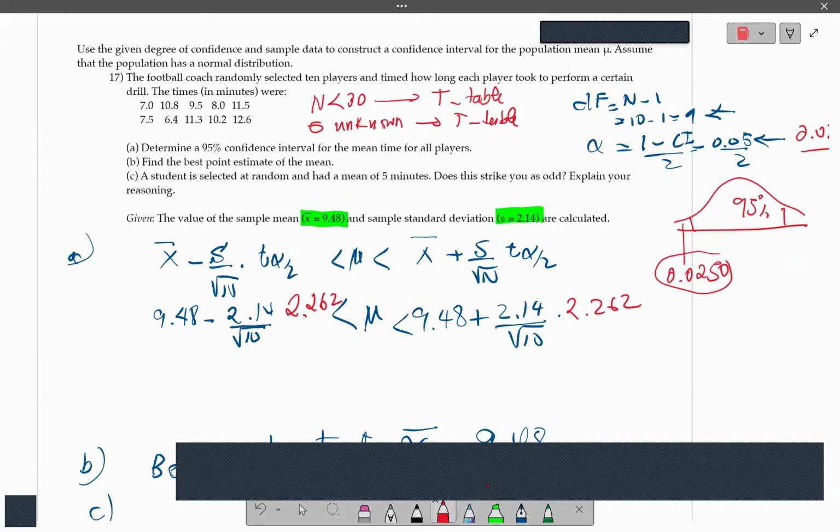All right, so 9.48 minus 2.14. Okay, the lowest part is 7.94.